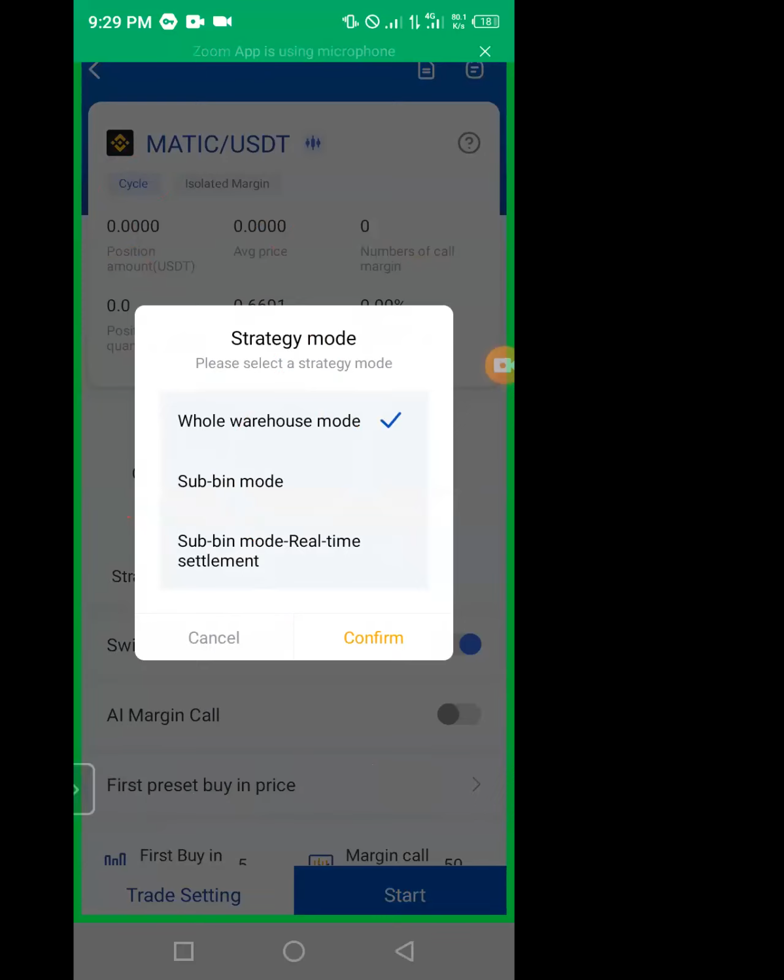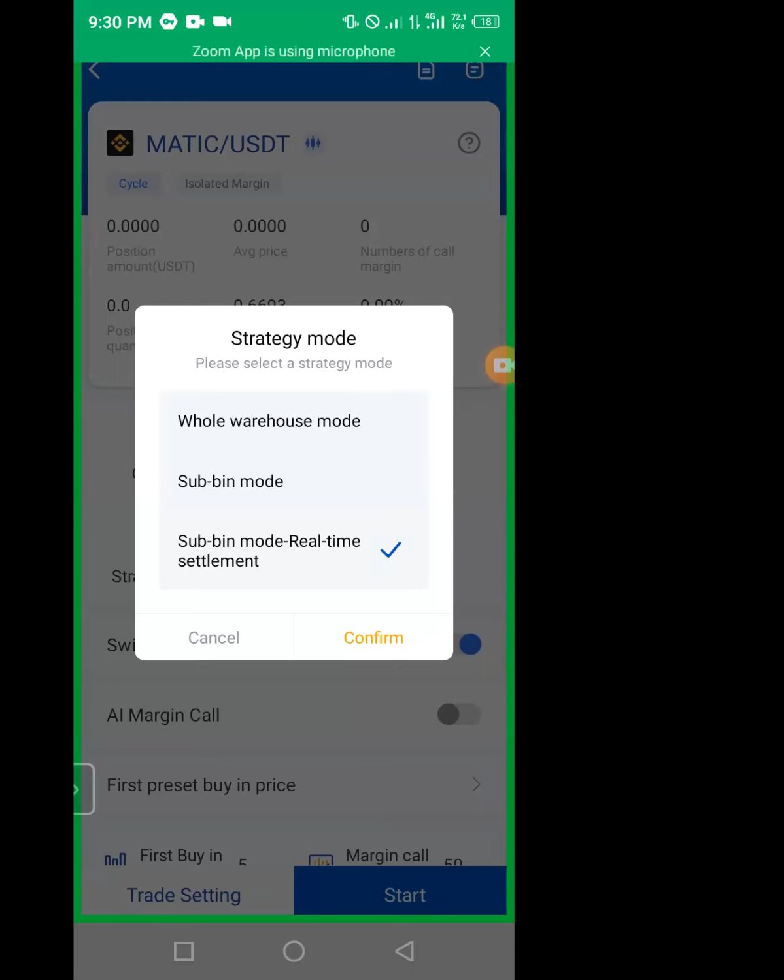Even if it has bought 20 times, you want all of them to be sold at once. Whereas sub-bin mode, you tell it, you can sell others independently, but don't show me the profits until the trade is over. You show them all to me at once.